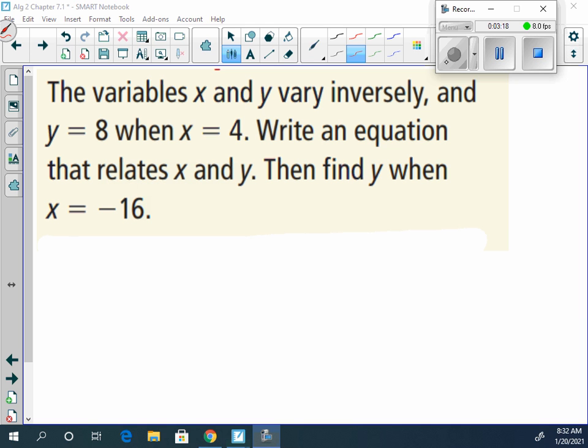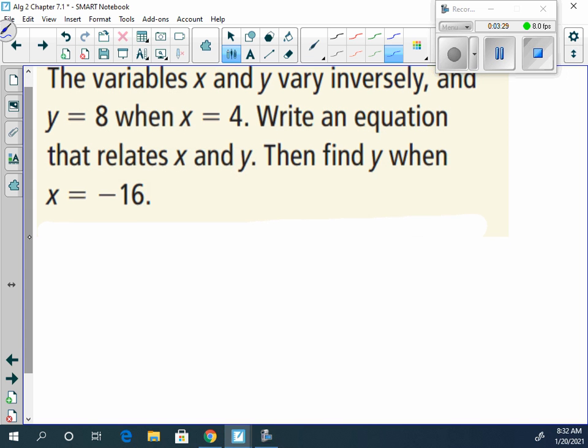All right, guys, so we're going to look at a few more of these here, and that's actually going to be it with this lesson. So what we do for this one is very similar to what we did with the first one. Now, the variables x and y vary inversely, and y equals 8 when x is equal to 4. Well, again, we're still using y is equal to a over x.